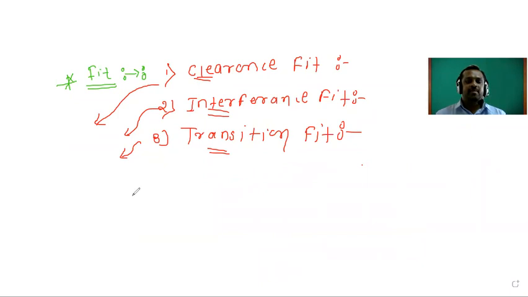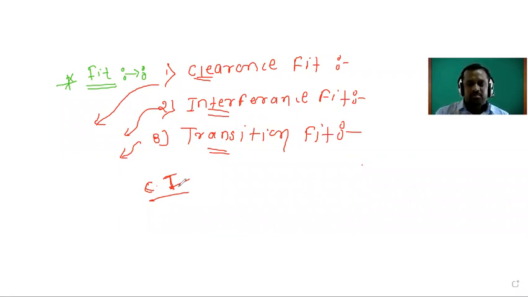See here, clearance fit and interference fit. You have to remember that the transition fit is nothing but the phase of clearance fit and interference fit. Whether it will be showing clearance fit or interference fit. With an example we will explain here.